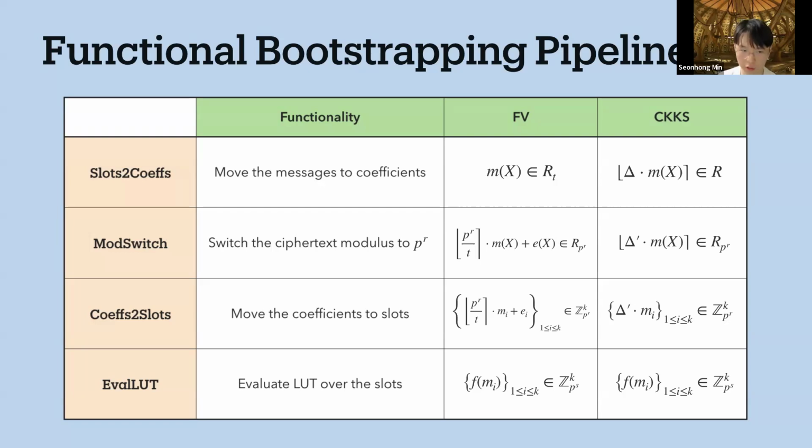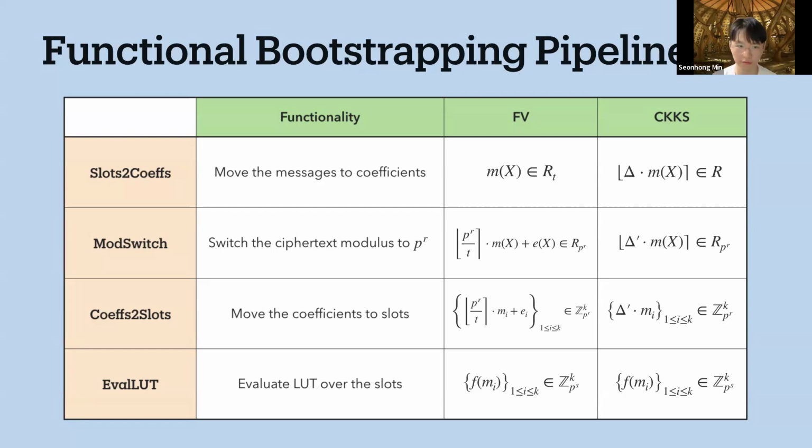And then during the mod switch step, we have a noisy encoding of the m(X) polynomial. And then during the coefs to slots step, we move the coefficients to the slots. And finally, during the eval-LUT step, we evaluate some function f on the messages while getting rid of the redundant noise terms.